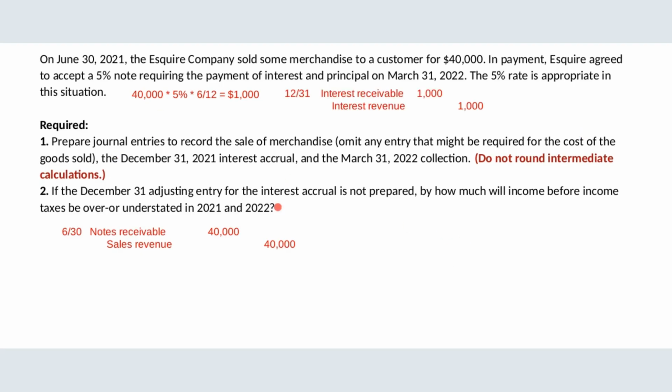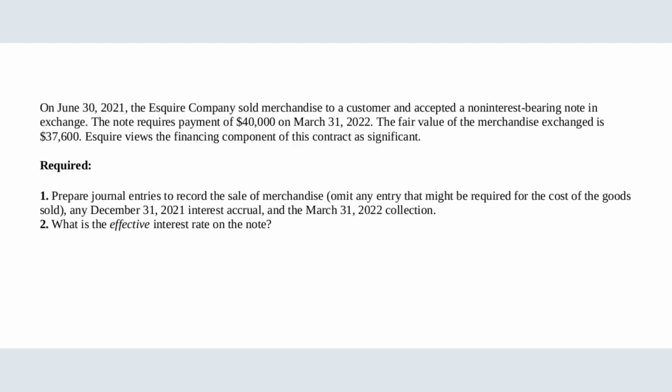And then we have the March 31st. That's when they actually paid the note. But I kind of wanted to go into this one where the interest is explicit. And so the difference between the note and the merchandise sales price is going to be our discount on note receivable, which is the 2,400.